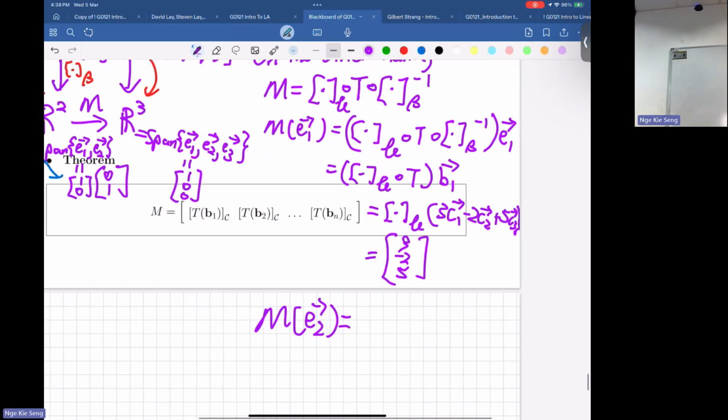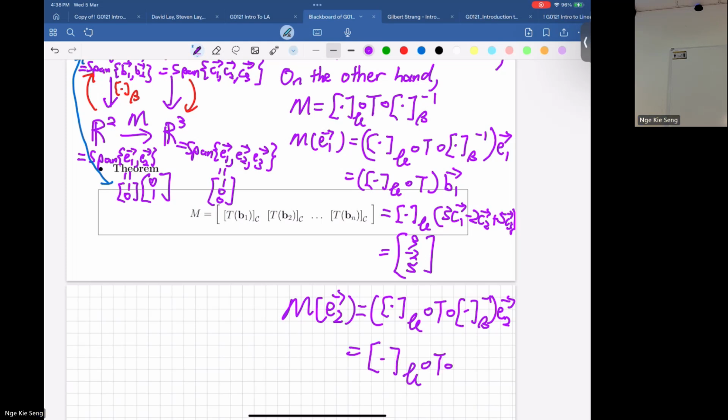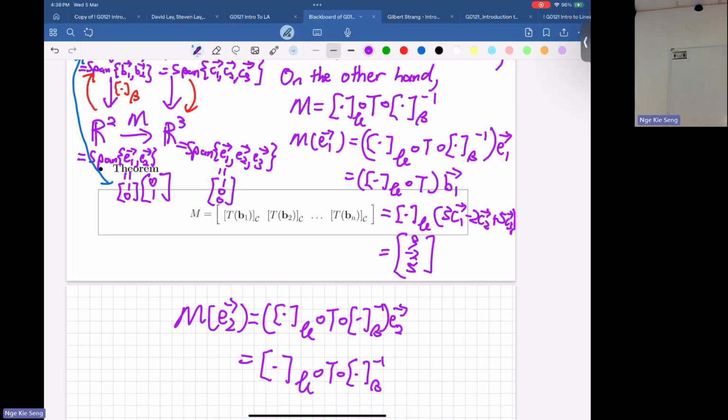So let's write down: if I apply this on E2, what do I get? First of all, I should get B2.